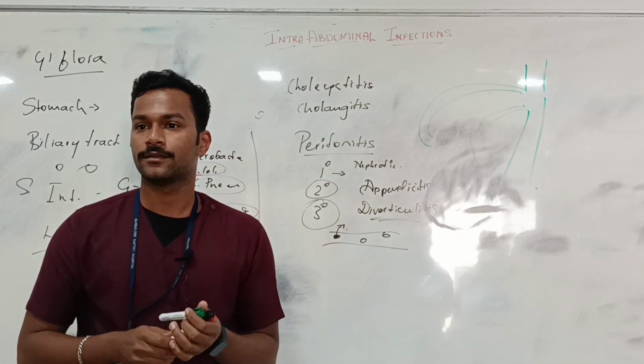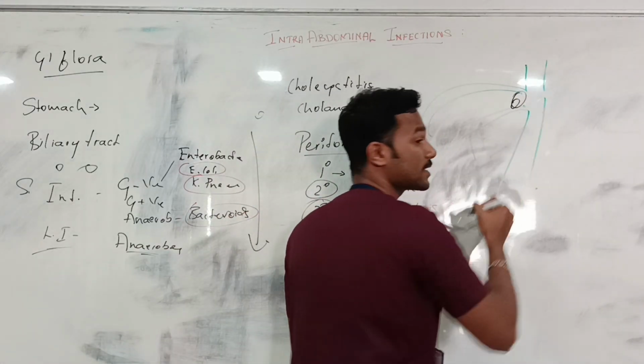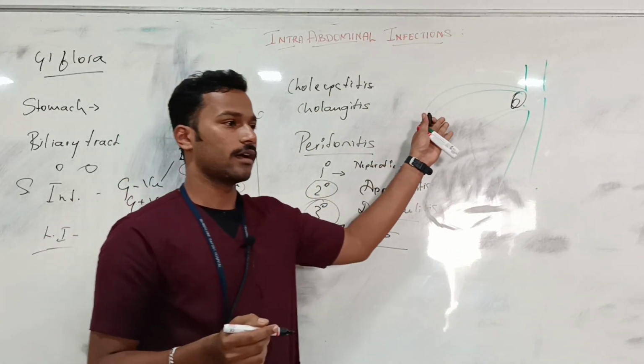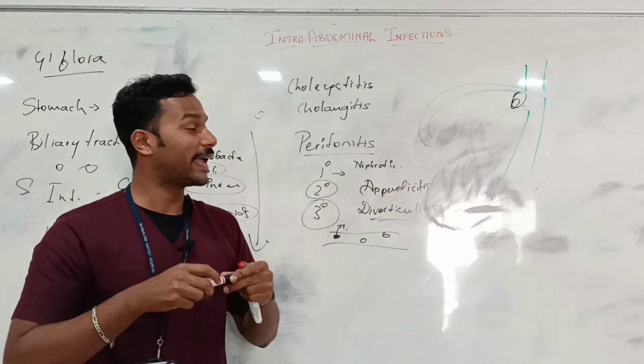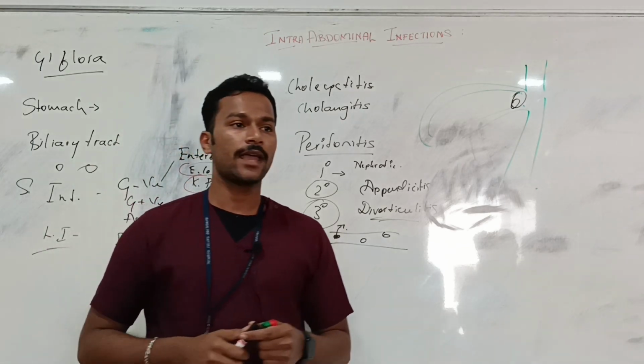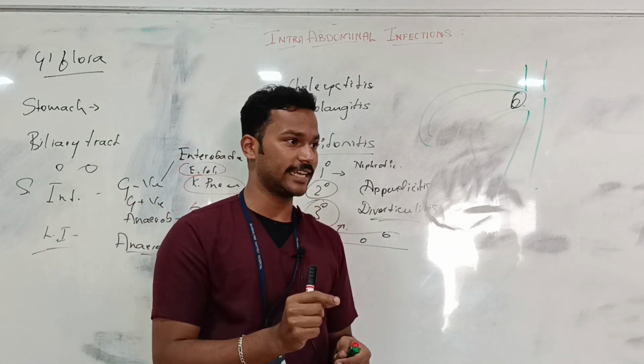Gallstone. Yes, gallstone. What happens is it blocks the gallbladder, so there will be no biliary flow. The mechanism or the pathogenesis is that bile is bacteriostatic in nature.